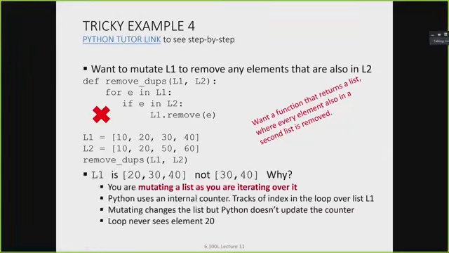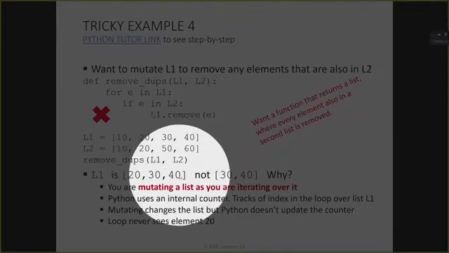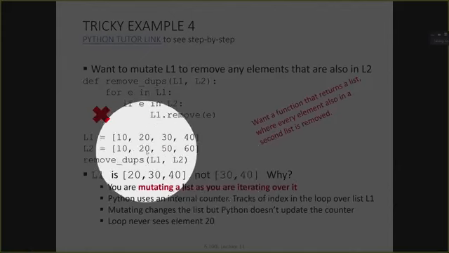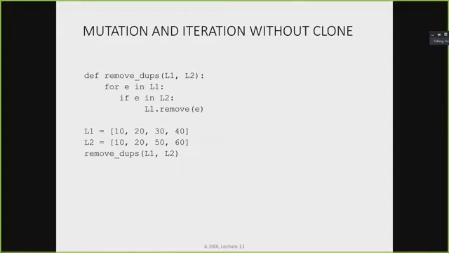This code doesn't work because if we actually run it, in the end, Python will mutate L1 to contain the 20 and the 30 and the 40, right? Whereas we only wanted to keep the 30 and the 40, right? Because the 20 also appeared in L2, so why in the world did we keep it? Well, we kept it because of the same issue that we just saw. We're mutating a list as we're iterating over it. And we're doing a removal, so we're again skipping over an element.